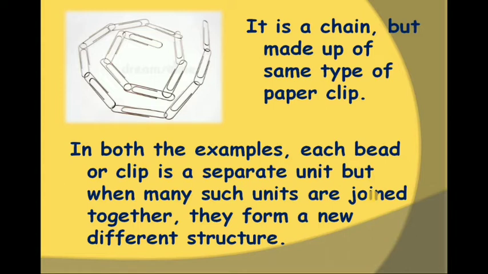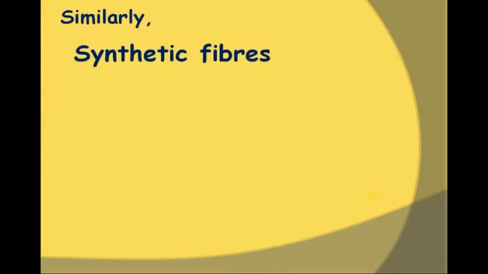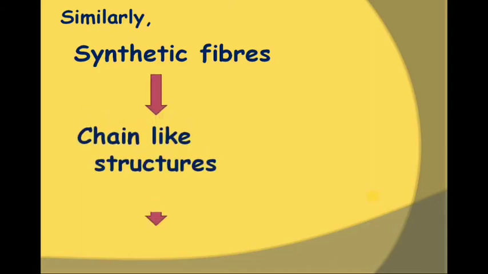So in both examples, the same units are joined together and form a different structure. Like this, synthetic fibers are also made up of chain-like structures, which are made up of small units.